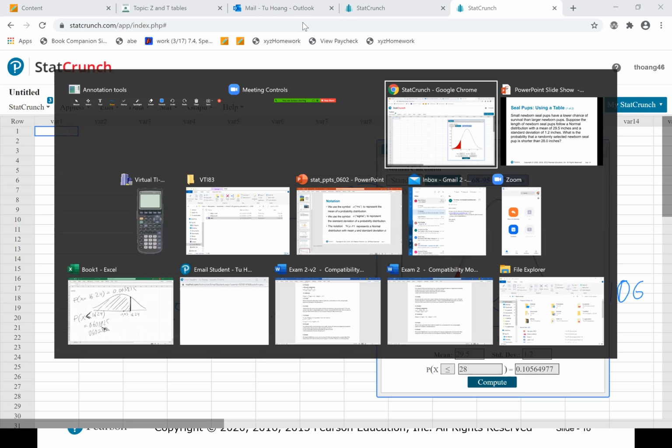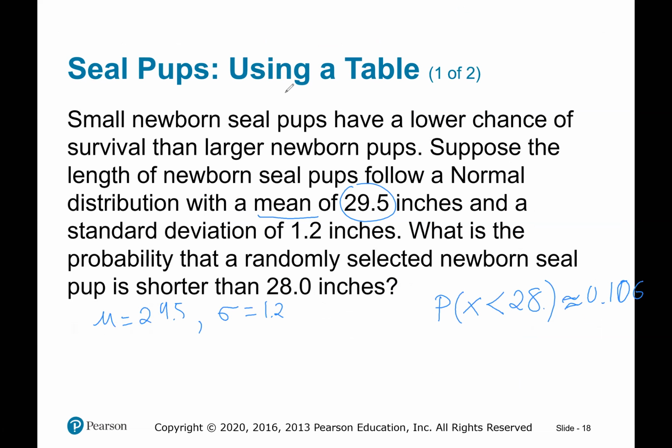Now let's come back to the column here. The thing here is that we try to do this without a calculator and technologies. I still show you, but you don't have to worry about how to do it by hand on the test. I just need you to use technologies, but at least you need to know how to do it by hand.